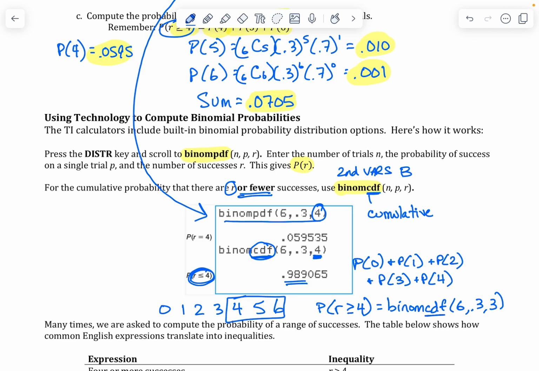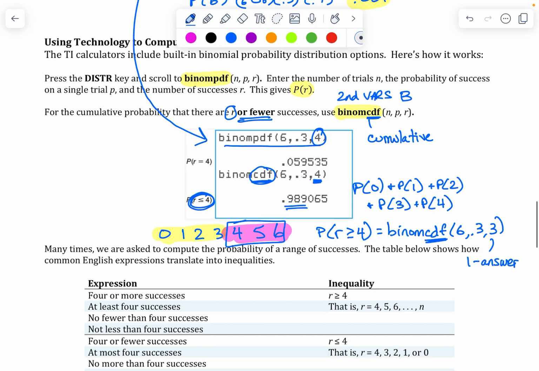If you're using the CDF, you want the values 3 or less to come up. And then you have to take the complement. So then you would take the answer here and subtract it from 1. All right? So it's kind of a tricky version if you want to use your calculator, and obviously I'll be here to kind of explain the calculator more thoroughly over the next several courses of classes. So just keep that in mind.